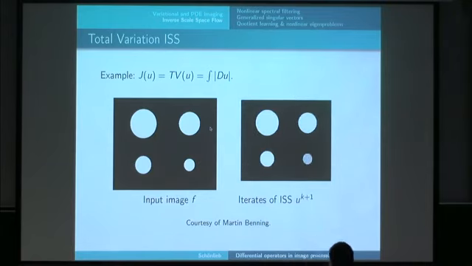And this is another thing. What the inverse scale space allows you to do is to analyze functions, images, which are singular vectors of the total variation, and these singular vectors, I will define in a second, are functions that can be reconstructed exactly up to a loss of contrast.